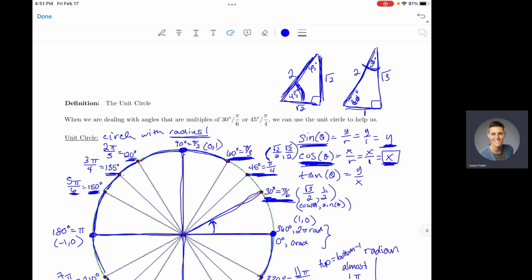At 60 degrees, the ordered pair that goes along with this is going to be the cosine of 60 degrees. So here I'm going to look at my 60-degree angle. Cosine is adjacent over hypotenuse. That's 1/2. And the y value is the sine of 60 degrees. The sine of 60 degrees is opposite over hypotenuse. That is the square root of 3 over 2.